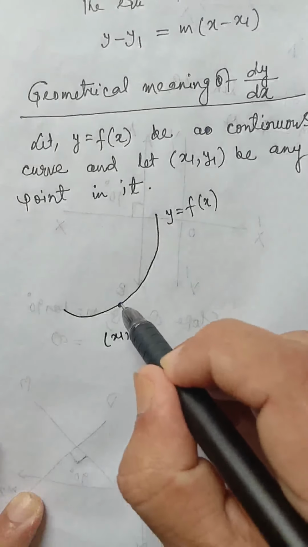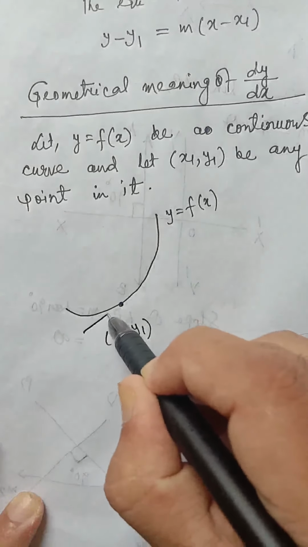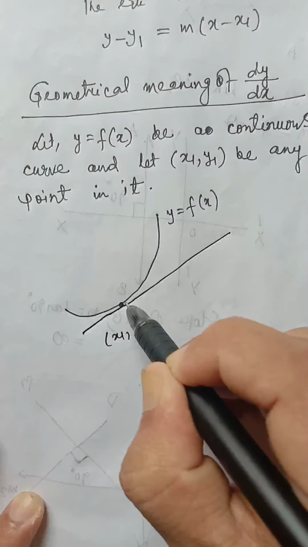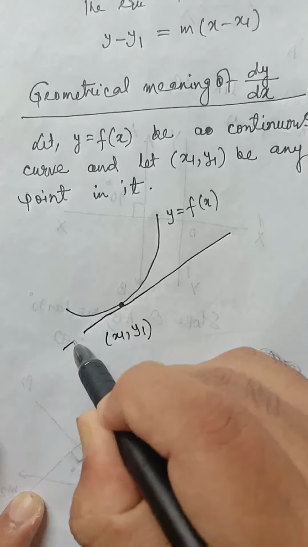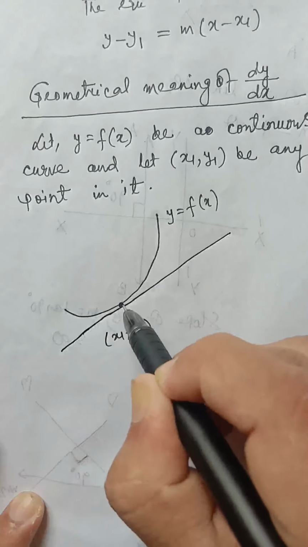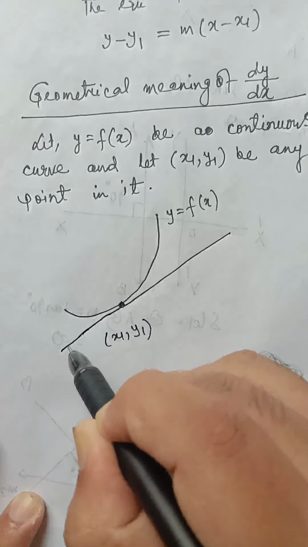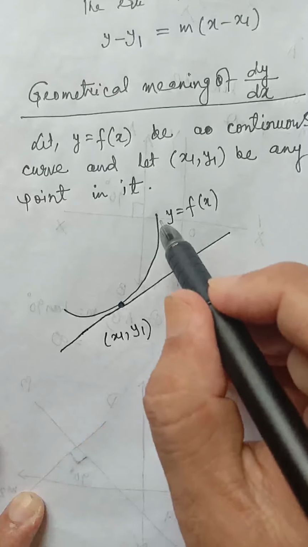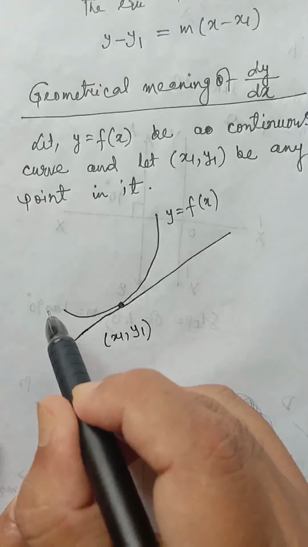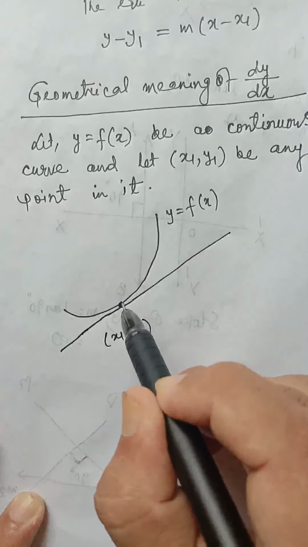Now at the point x1, y1, a tangent is drawn to the curve. Tangent means a line which touches the curve at one point, which intersects the curve at only one point.